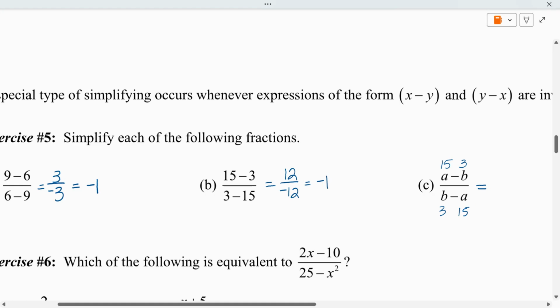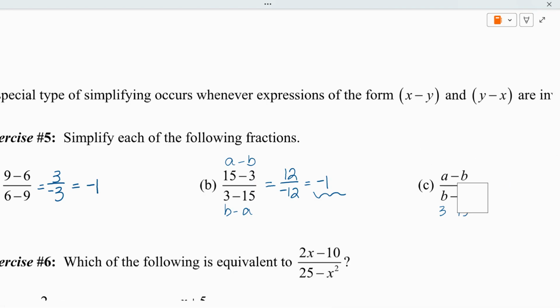It would be negative 1. Do you guys see that? Think of this as A minus B over B minus A. It simplifies to negative 1. So when you have opposites, it automatically is going to reduce to negative 1. Do we need to think about that for a second?